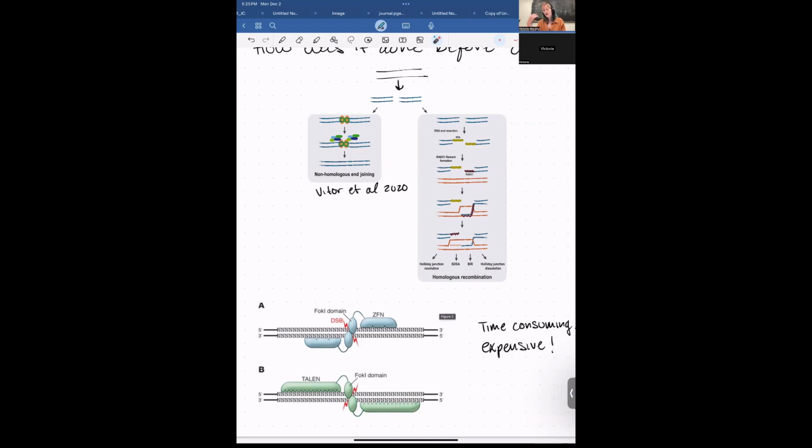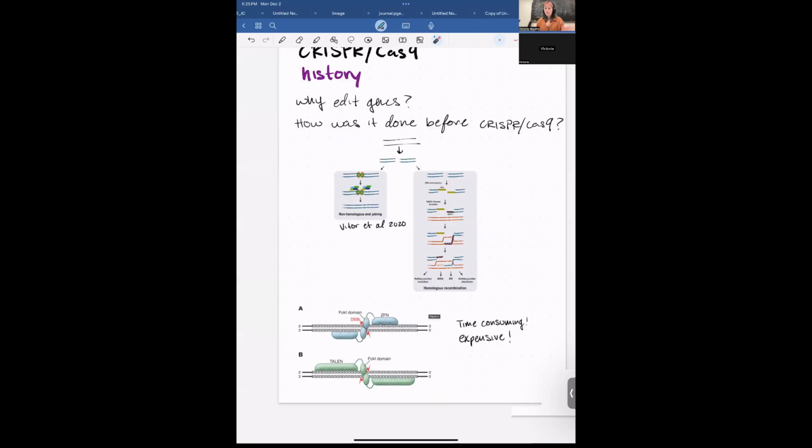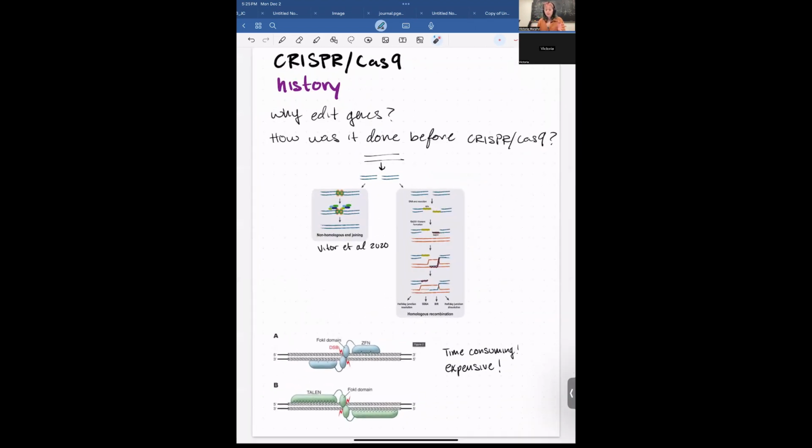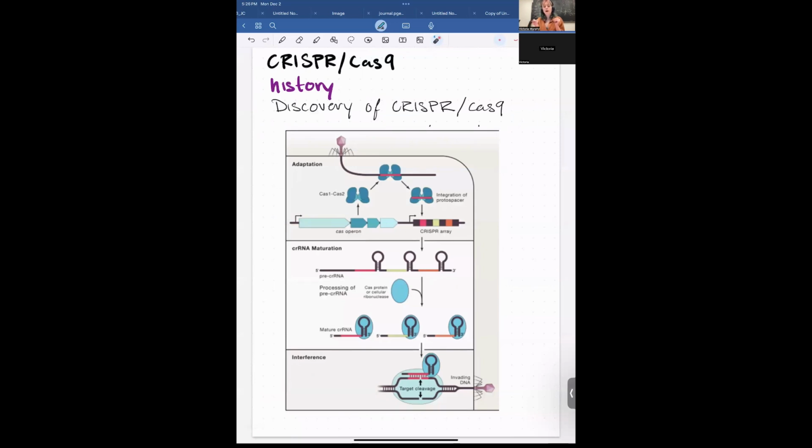And this took a lot of time and was very expensive. So for a long time, scientists were interested in finding a way that is cheap and quick to induce a specific double-stranded break. Now, simultaneously, other scientists are studying this weird sequence organization that's in bacteria.